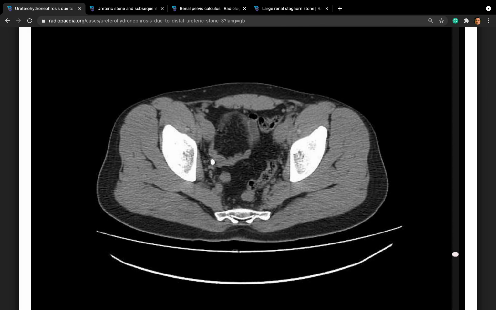In my practice, I will send him home with a trial of tamsulosin because it's recommended in the EAU and in the NICE guidelines. Okay, what dose of tamsulosin? How are you going to explain this to him? So I will give him 0.4 milligram of tamsulosin. I will explain to him that the use in distal stones is controversial.